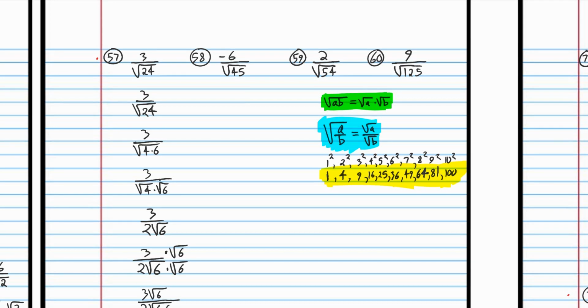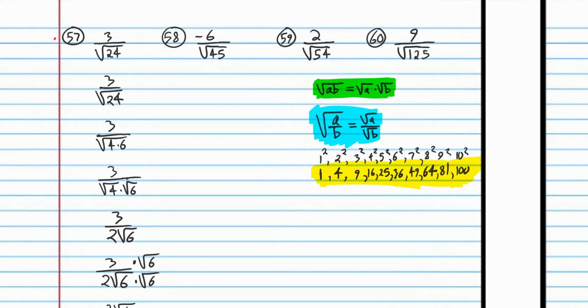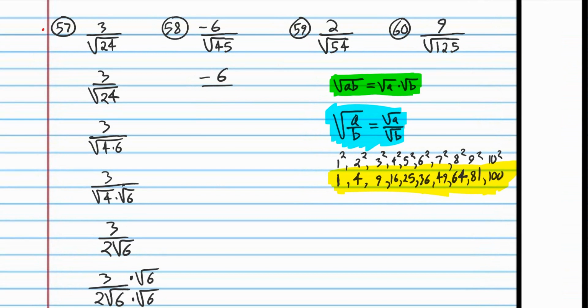All right, so I'm just showing you those steps so that you know what's going on. So let's try number 58 together, and you can try these other problems on your own. Again, I can rationalize the denominator first, or I can pull out the perfect square. I'm just going to pull out the perfect square. I don't want to do it both ways because I don't want to confuse you.